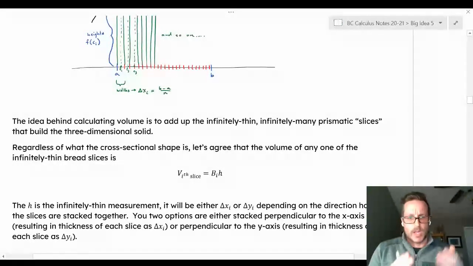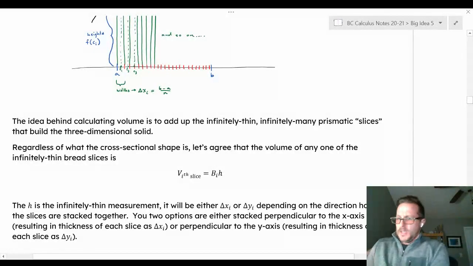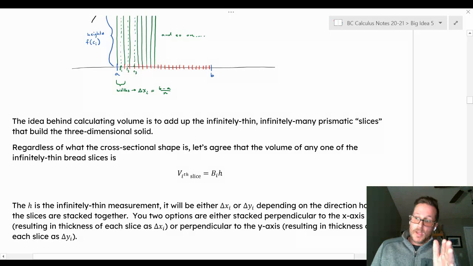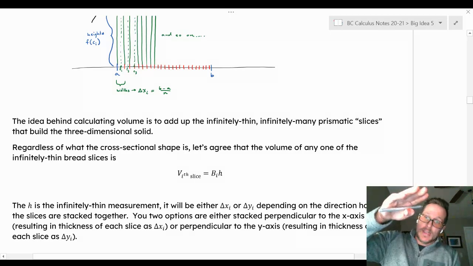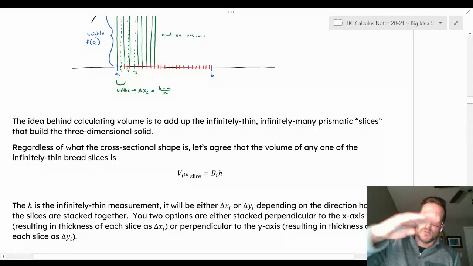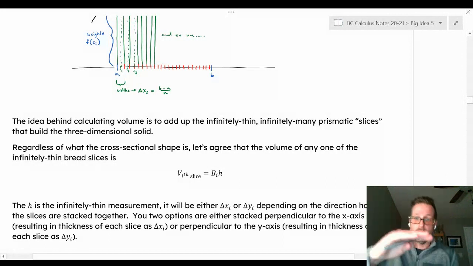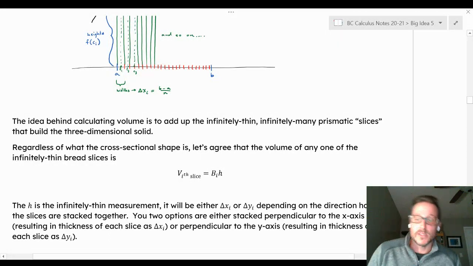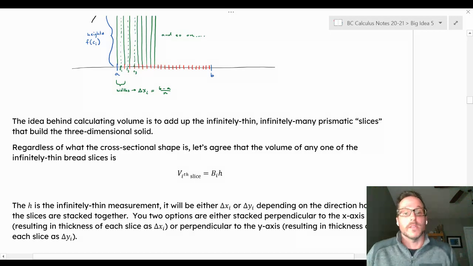Now, your solid could be stacked perpendicular to the x-axis, which means just lay a loaf of bread on the counter, right? The width of each slice is a small change in x. But if you maybe put the bread on its end like this, and you saw those slices perpendicular to, say, a y-axis scenario, each of the thicknesses is a small change in y, or delta y.